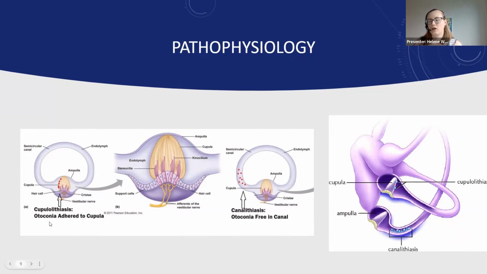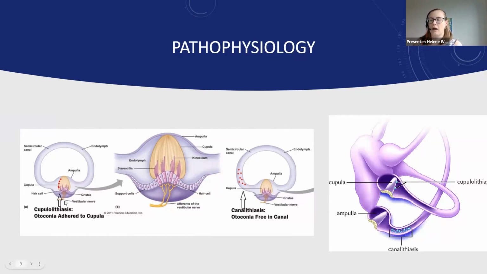You've got cupulolithiasis, where the otoconia are adhered to the cupula, or canalithiasis, where they're free within the canal. And essentially they play on the mechanisms of each of those different parts of the semicircular canal.